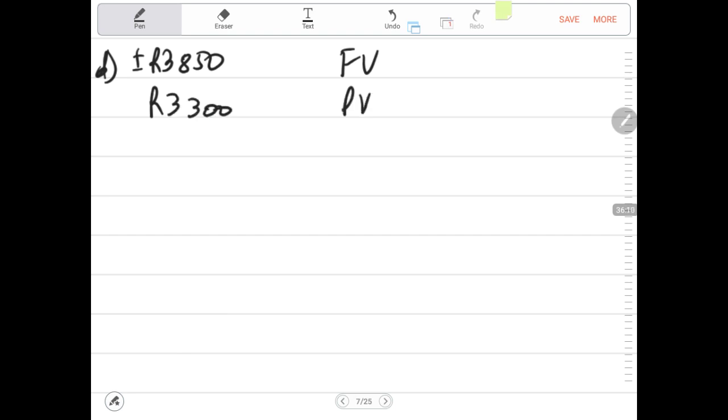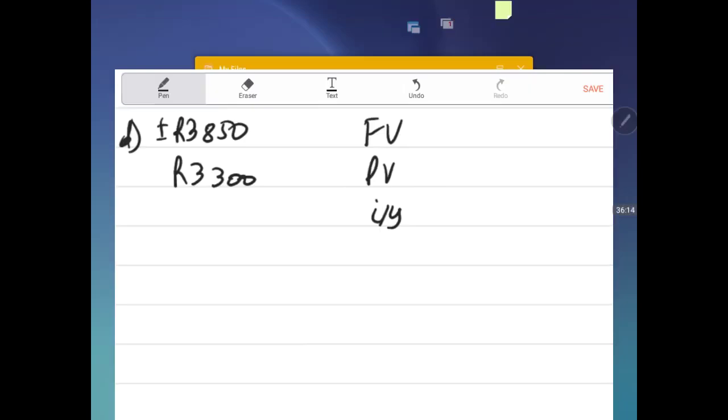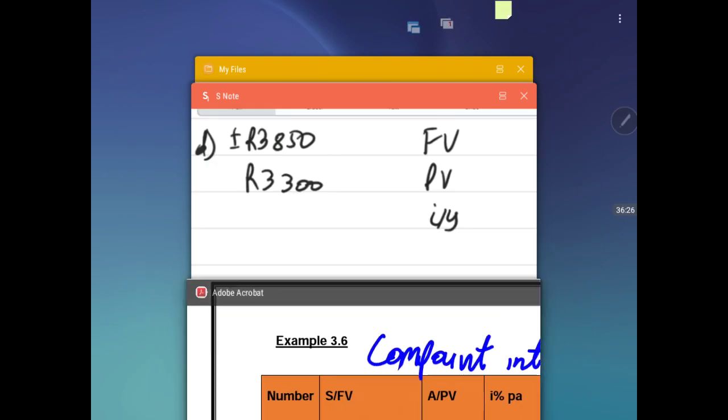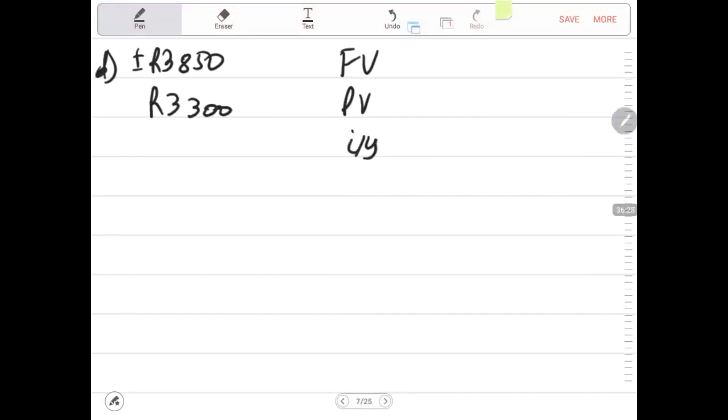This is our PV, and our interest is 10.25 divided by the number of compounds in a year, which is 6 times a year. So if it's 6 times per year, then we say 10.25 divided by 6. Then what are we looking for?